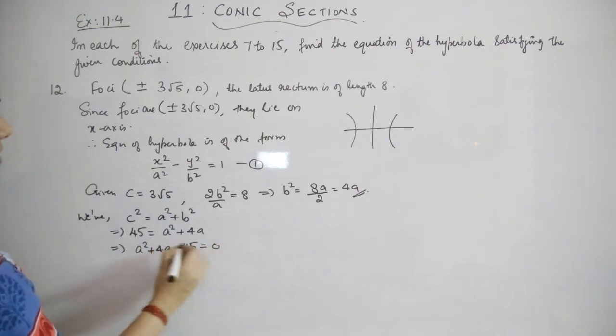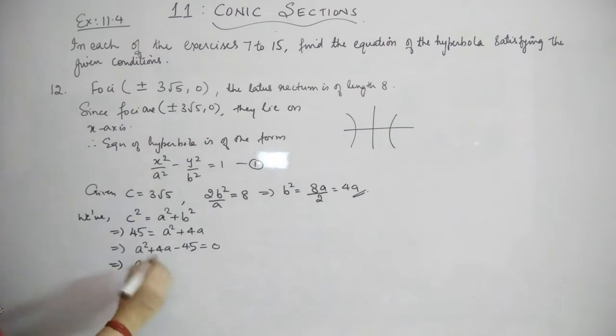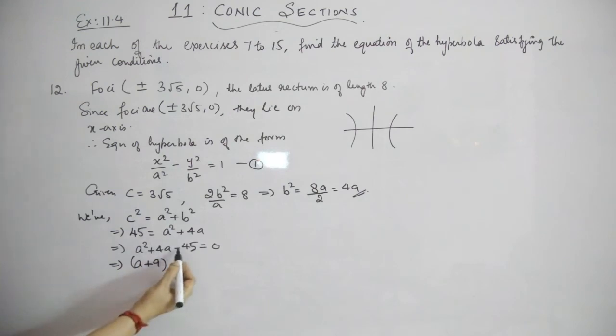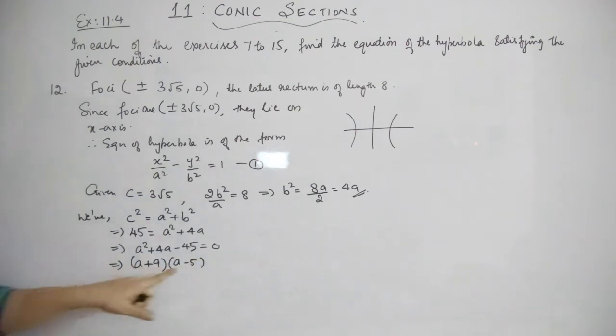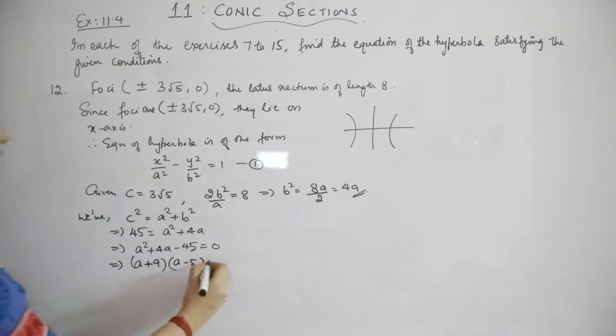Now solving this, you can just write it as the product of two factors: a plus 9, because here it is positive, and again here you are getting a negative, so one should be negative, so a minus 5. So 9 into 5 minus 45, and here you will get 4a, equal to 0.